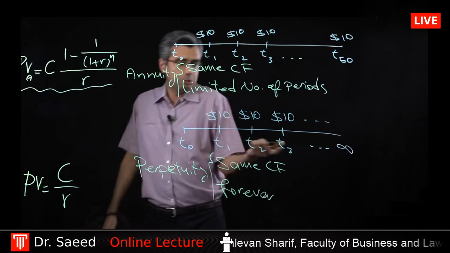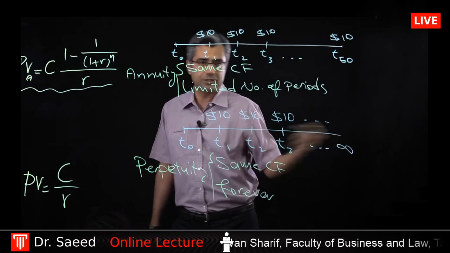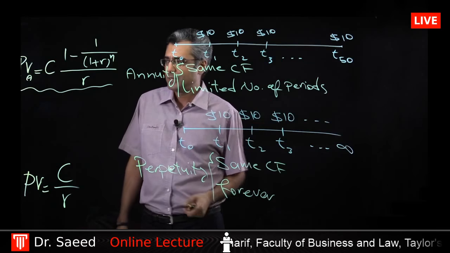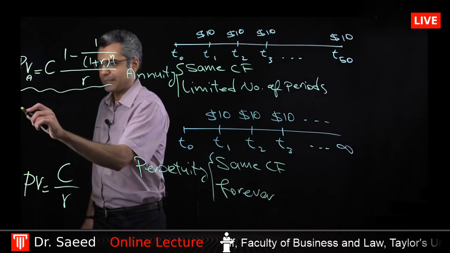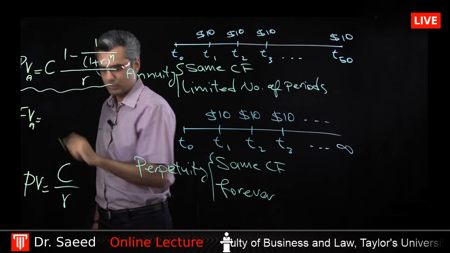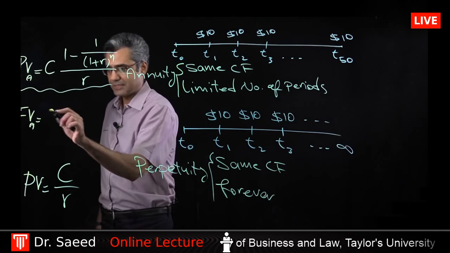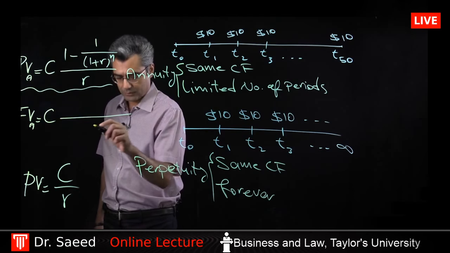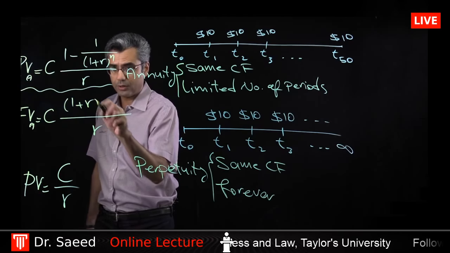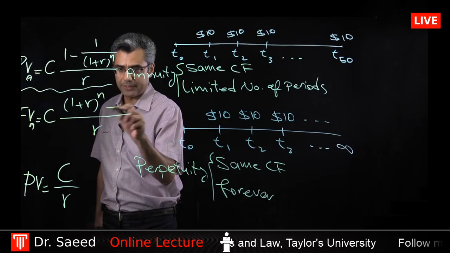For perpetuity, there's no point in computing the future value because it's going forever. There is no future value to stop at. But for annuity, we can compute the future value using a formula. It's cash flow divided by r, times (1 plus r) to the power n minus 1.